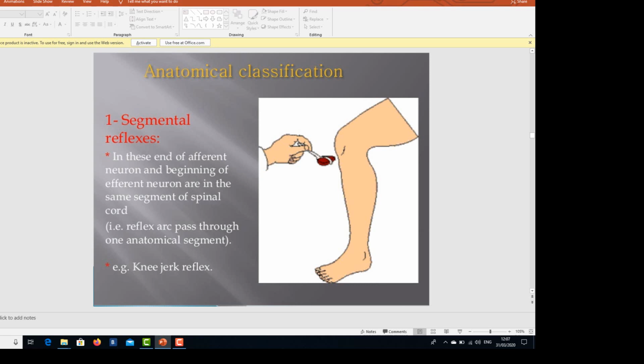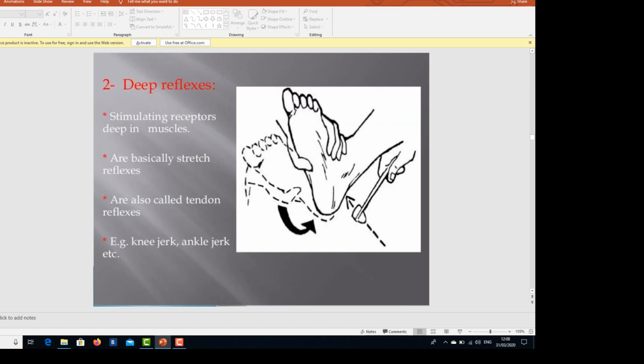Then we have the anatomical classification of reflexes. We have segmental reflexes. In these, the end of the afferent neuron and the beginning of the efferent neuron lie in the same segment of spinal cord. That is why the name segmental reflexes is given to them. For example, the reflex arc that passes through only one anatomical segment, such as the knee jerk reflex.